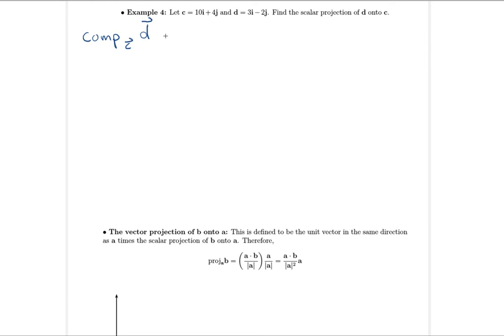So remember what we said is that C is the one that's going to appear more, right? The dot product on top, and the magnitude of C on the bottom.